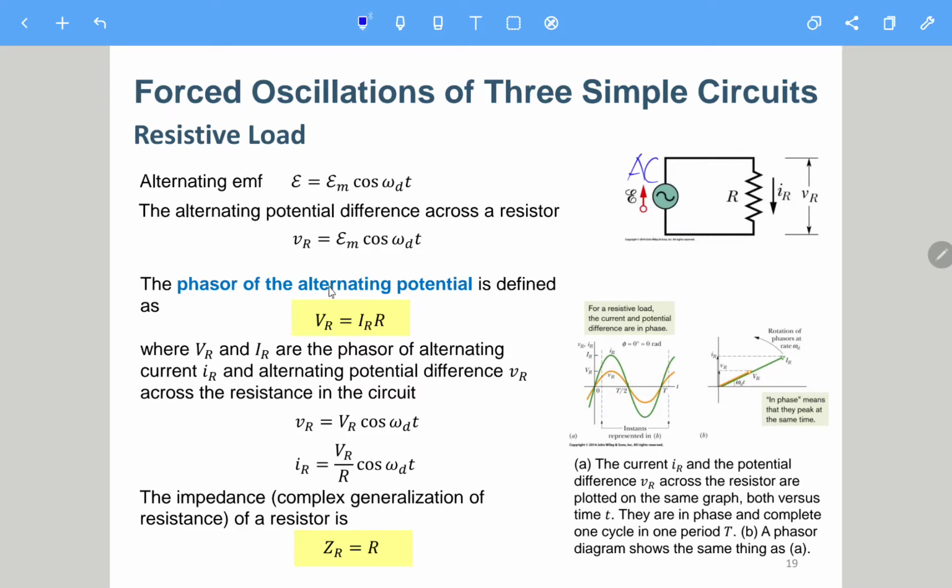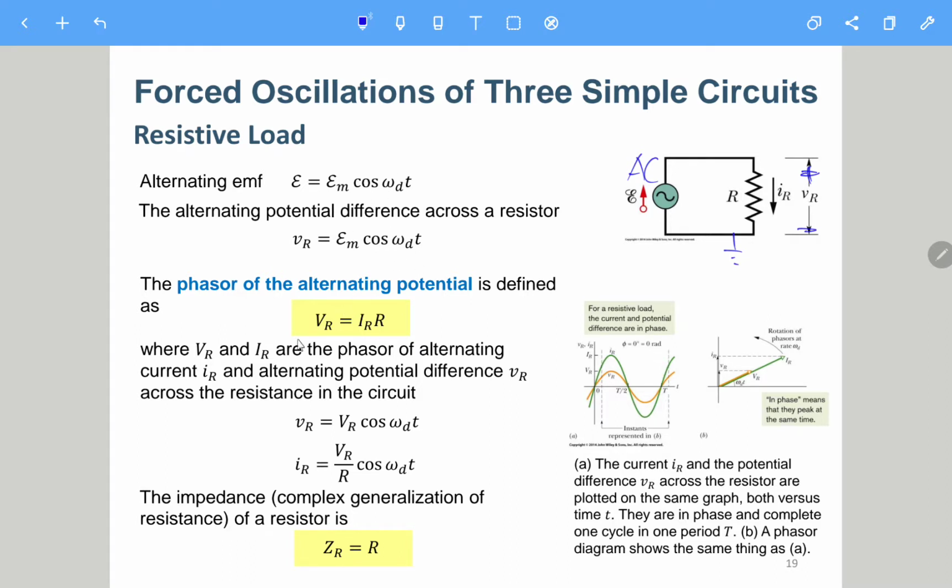Okay, so in this case, this is positive, this is negative, this is ground. So VR is the voltage drop of the resistor, or the potential difference of the resistor. So VR is nothing but EM times cosine omega d t.